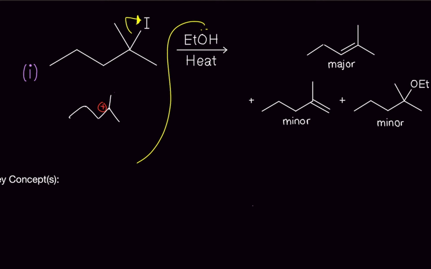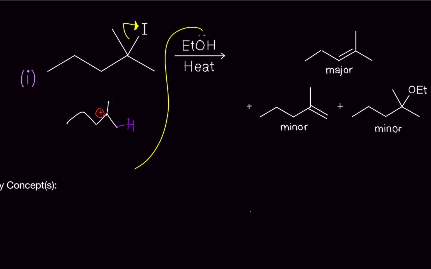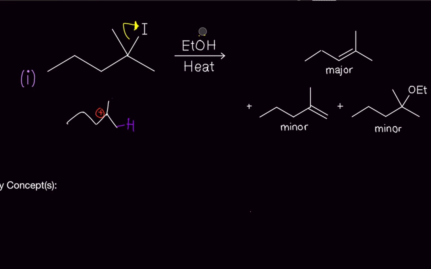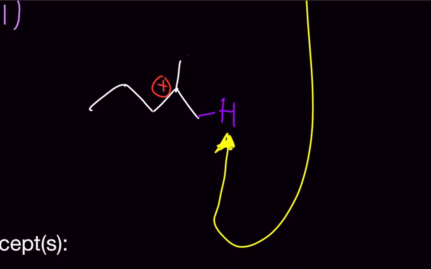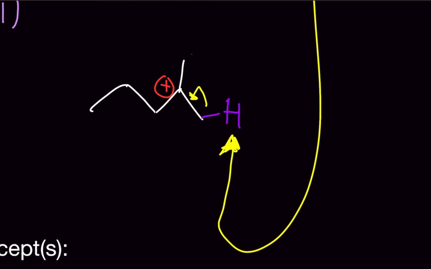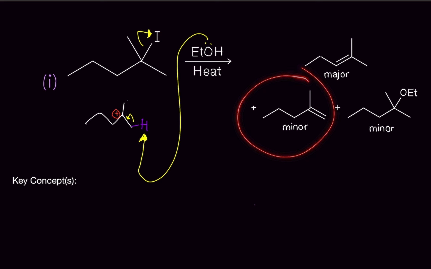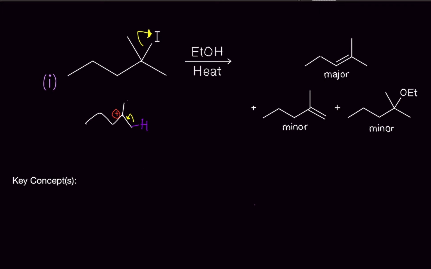We're gonna attack this beta hydrogen. Okay, the double bond will form here, giving us this product. And now we have to do the minor product, which is the substitution reaction. This one's different because you need to do an extra step here.